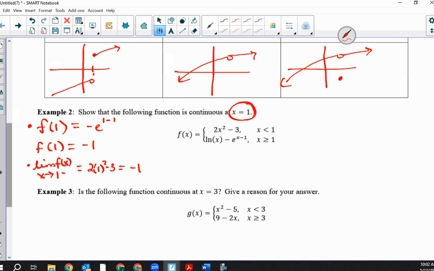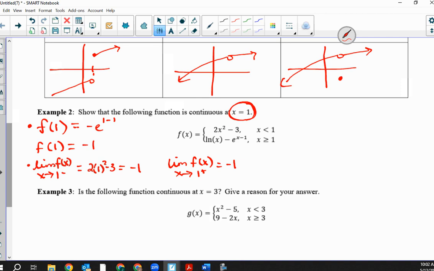All right, so now we need to do also the limit of f of x as x approaches 1 from the right. So where am I plugging that in? The bottom. Did we already plug it into that? What'd we get? Negative 1. So what are we seeing here? Everything is coming up negative 1, right?